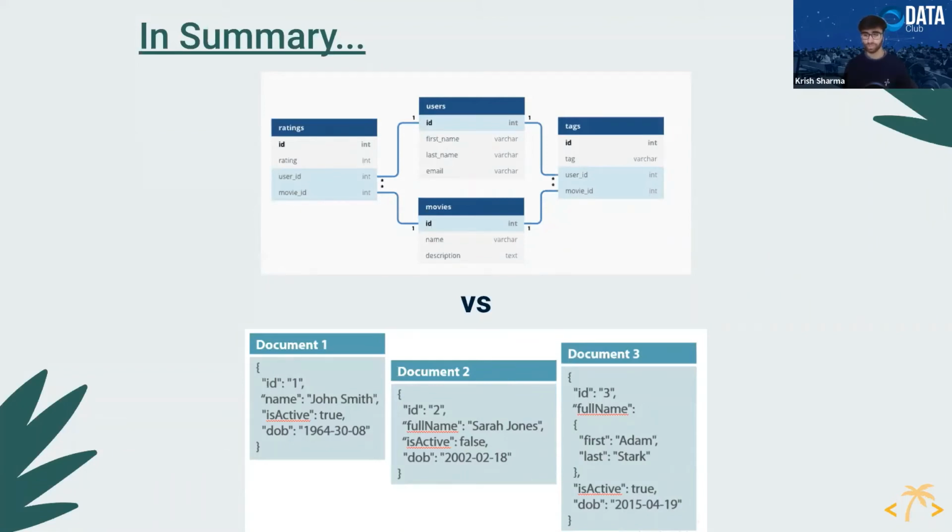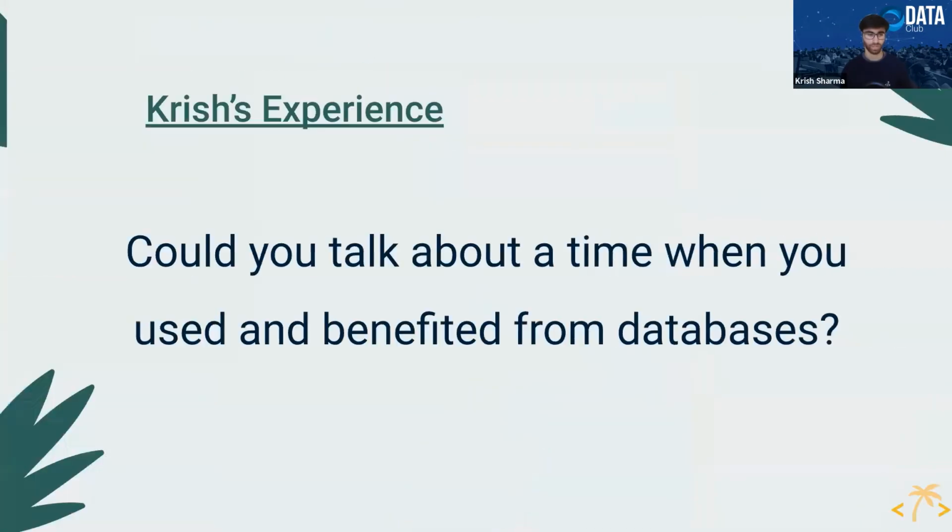So for example, even though you're storing the same type of information in multiple documents, the way it's stored is slightly different, right? We can see that with the full name versus the breakdown of first and last name.